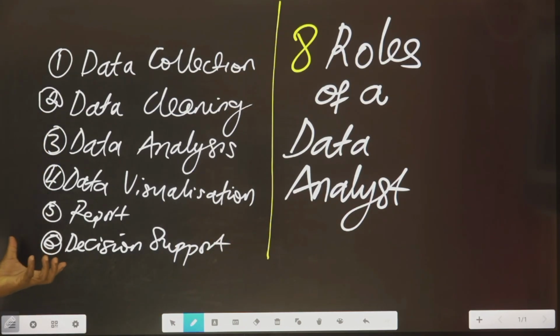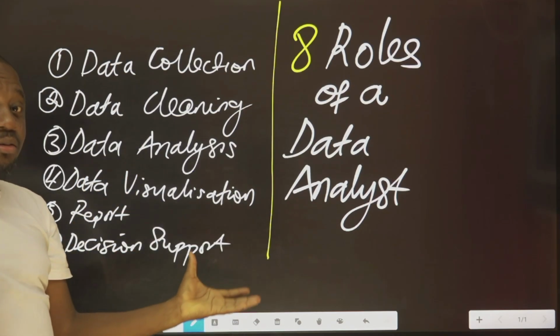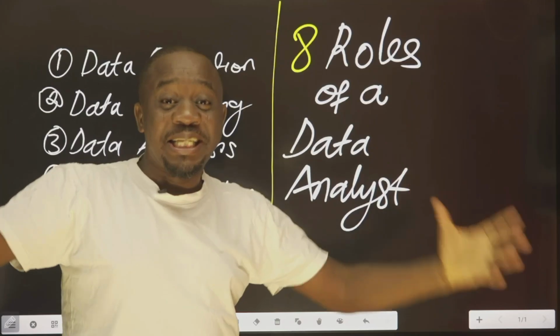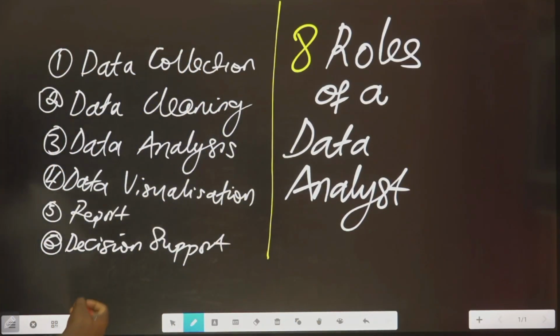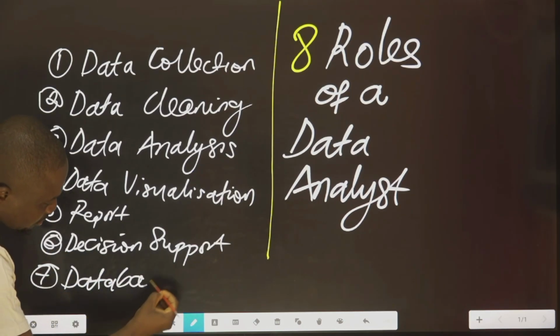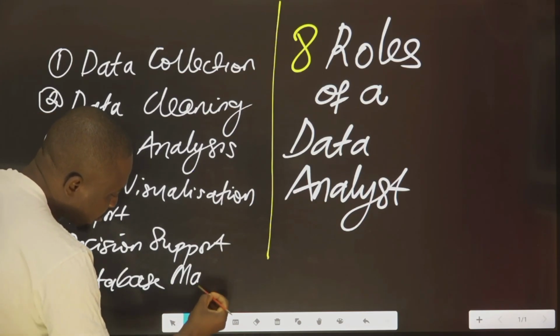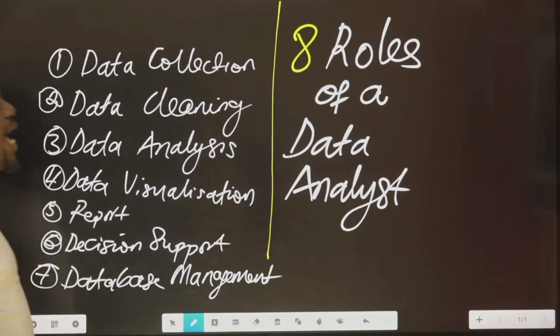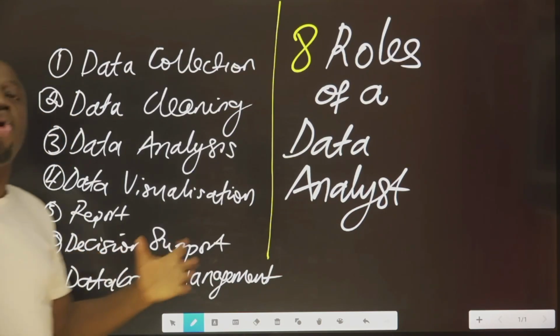Once everything is done, you now have your information stored in the database. So you need to continuously do what? The storage of the information, the management of the information, and so on and so forth. That is called database management. Okay? Finally, is collaboration.